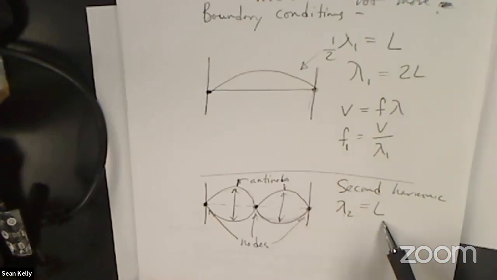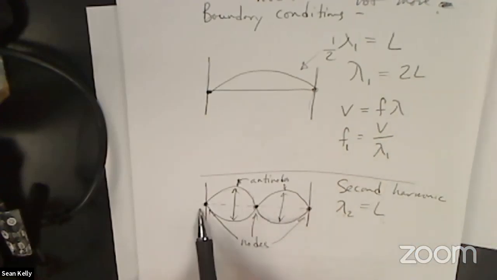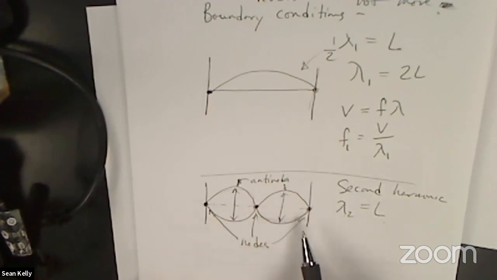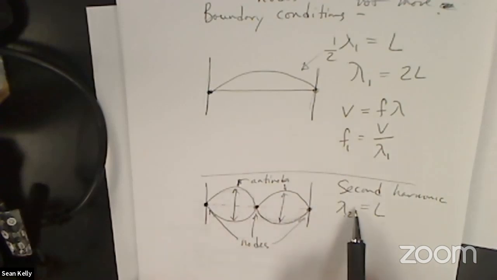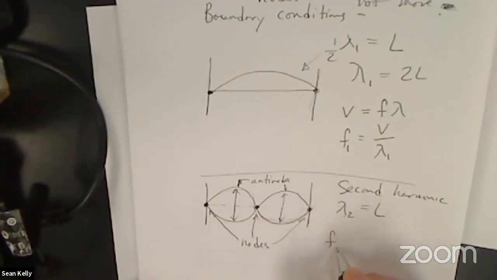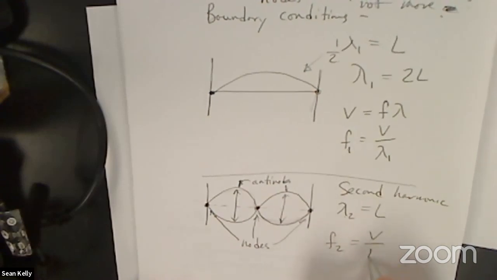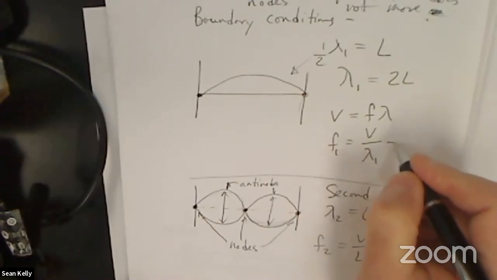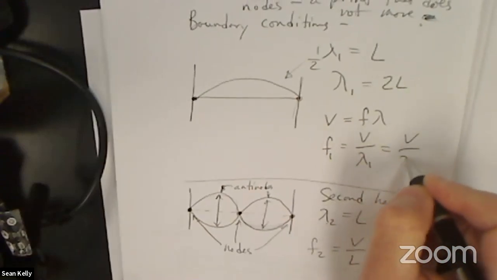So the higher the harmonic, the shorter the wavelength will be. In fact, the greater the number of half waves that you can fit, the shorter the wavelength must be. And what about the frequency? Well, the frequency this time is going to be V divided by L. What just happened, let me put it up here, V divided by 2L.